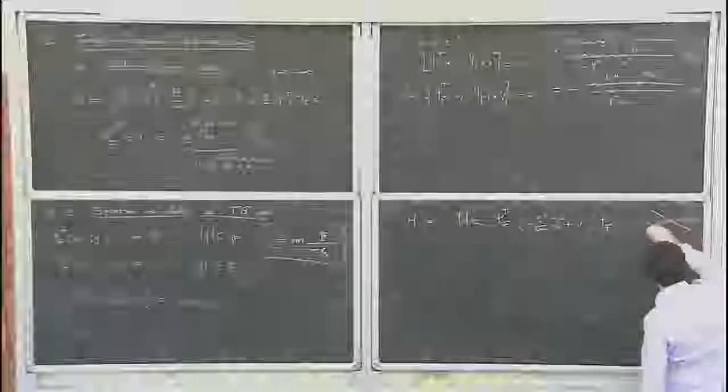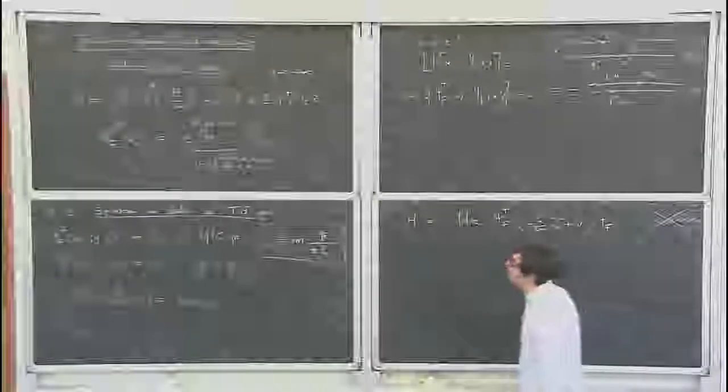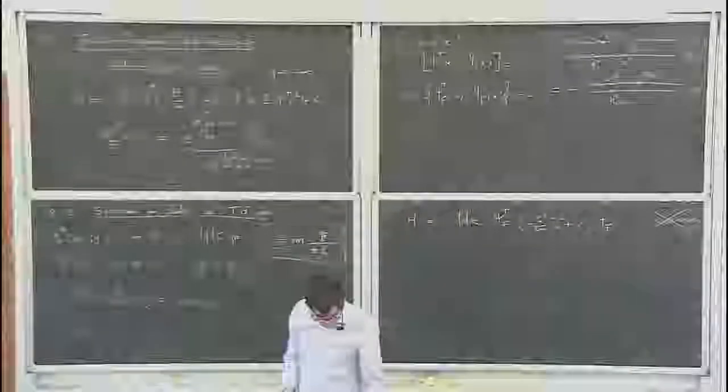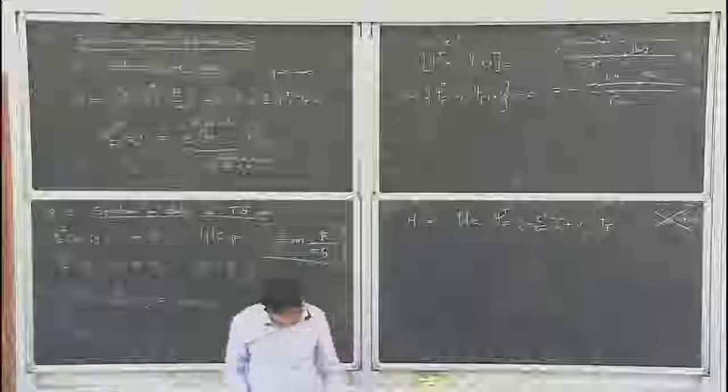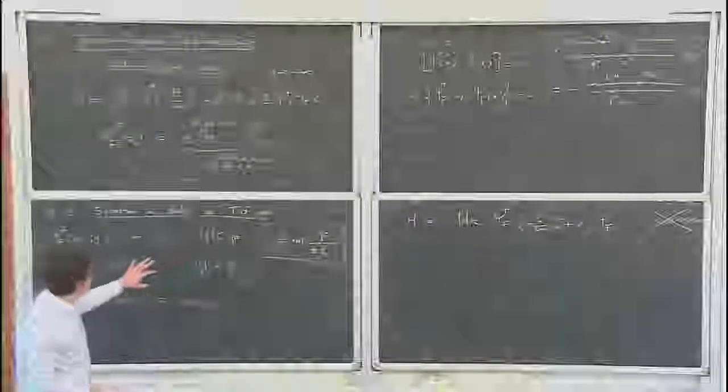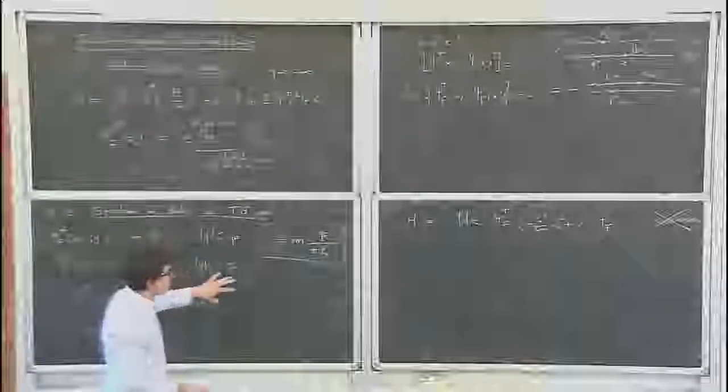So there is no interaction term here, which is different from this. So it's really a free fermion Hamiltonian, and this is why it can be solved in such a simple way.